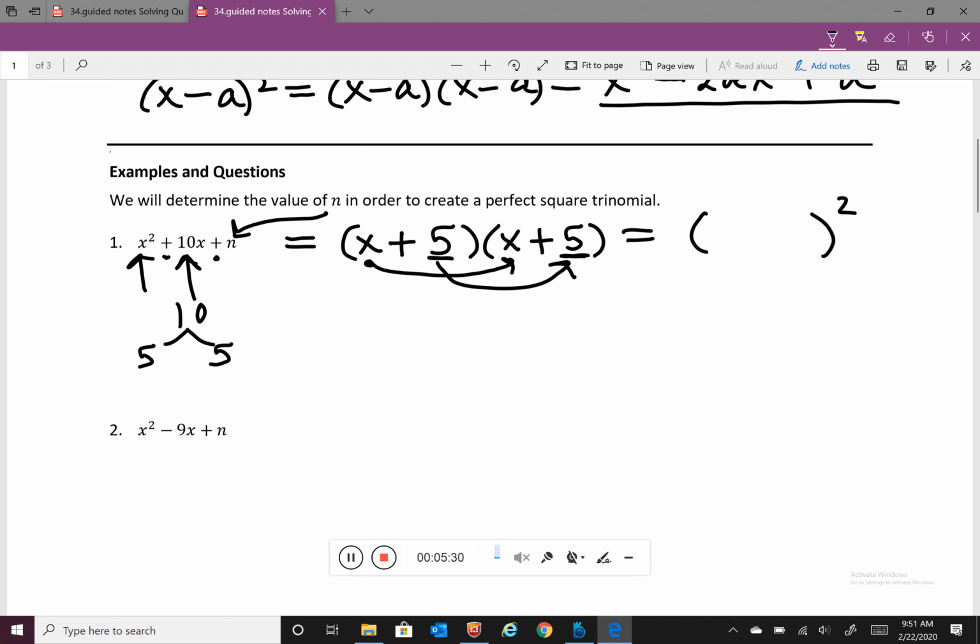We now have 5 times 5, and that is our n. That is what creates our perfect square trinomial of x squared plus 10x plus 25, which factors as x plus 5 quantity squared.